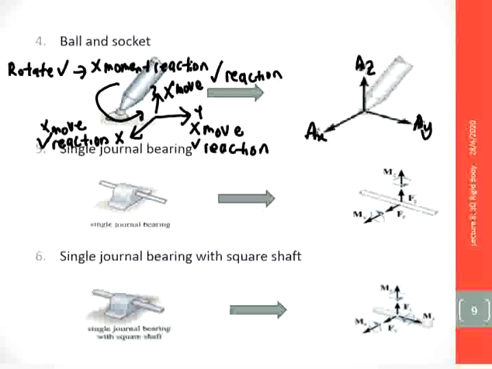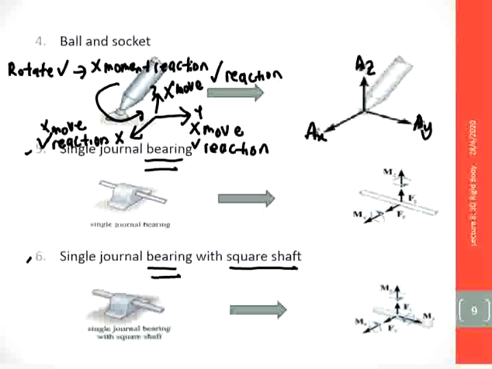Okay. The fifth is single journal bearing. The fifth and sixth are both journal bearings, but the sixth is a square shaft.